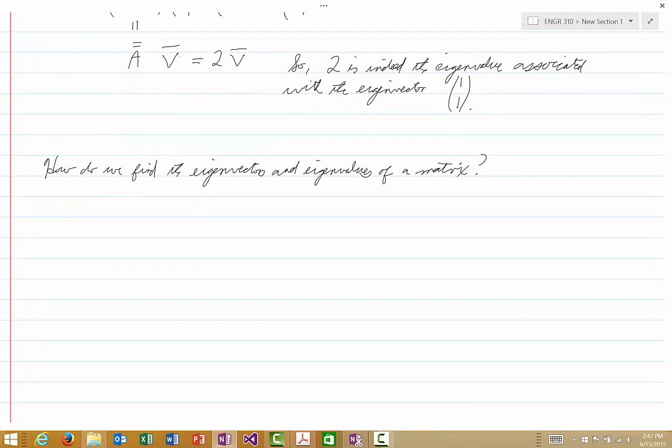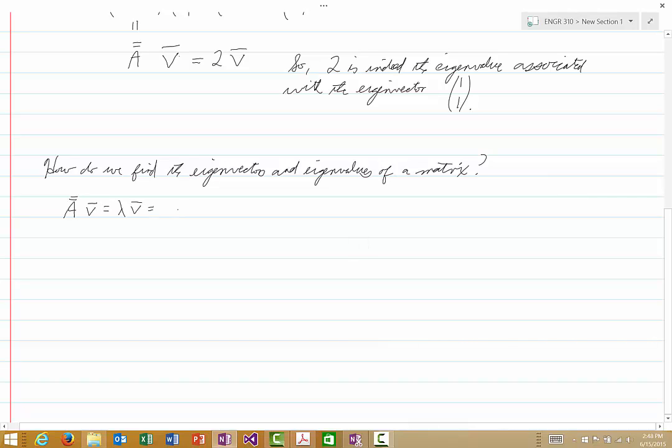The procedure follows from the definition. Remember, we said that for v to be an eigenvector with associated eigenvalue lambda of the matrix A means that Av is equal to lambda v.